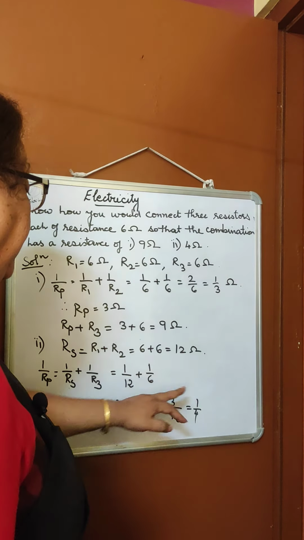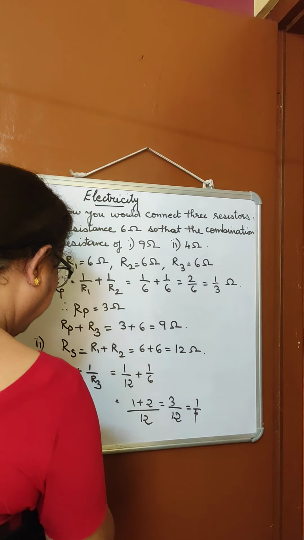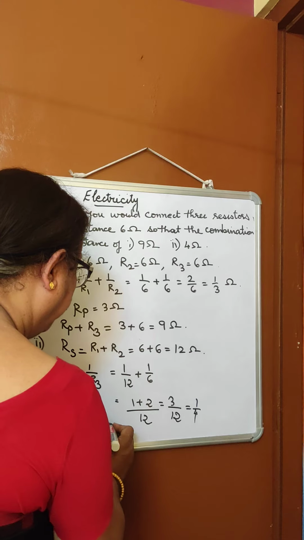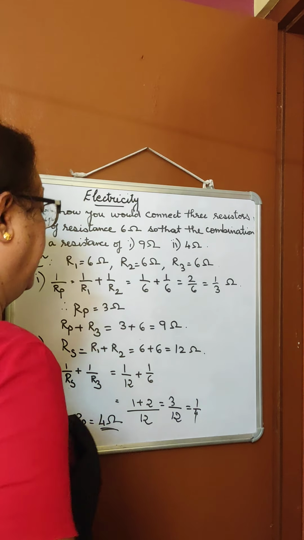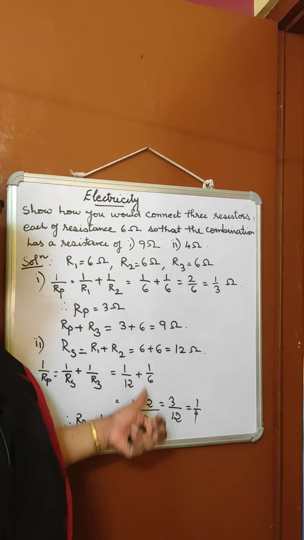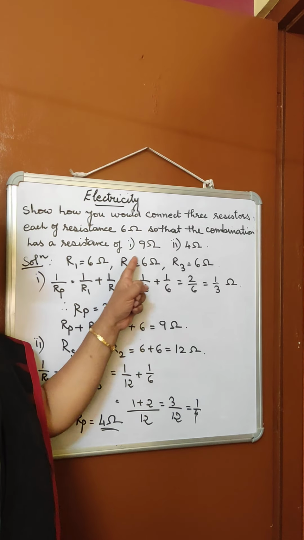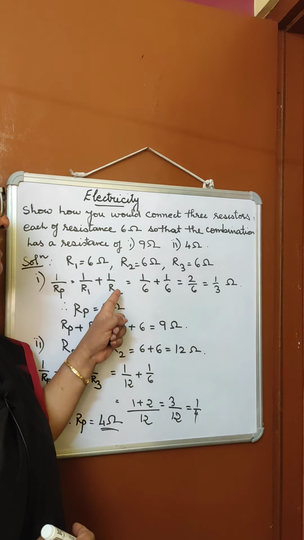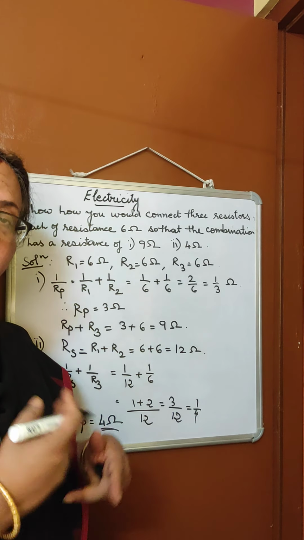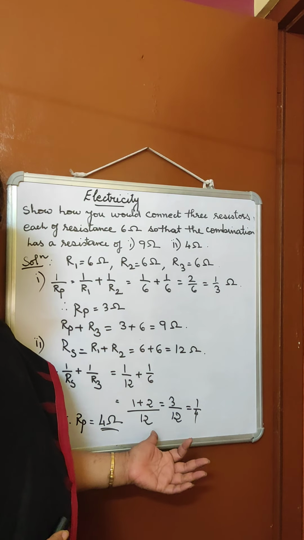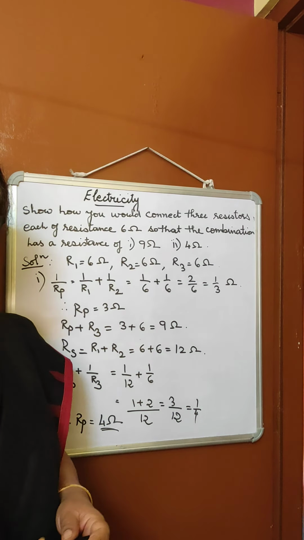So 1 by Rp is 1 by 4, therefore this will be 4. We required 4 ohms, isn't it? So this is how we can find any resistance. We can use series and parallel combinations, you just need to think it through. Okay children, so understood this? Come on, let's see one more sum.